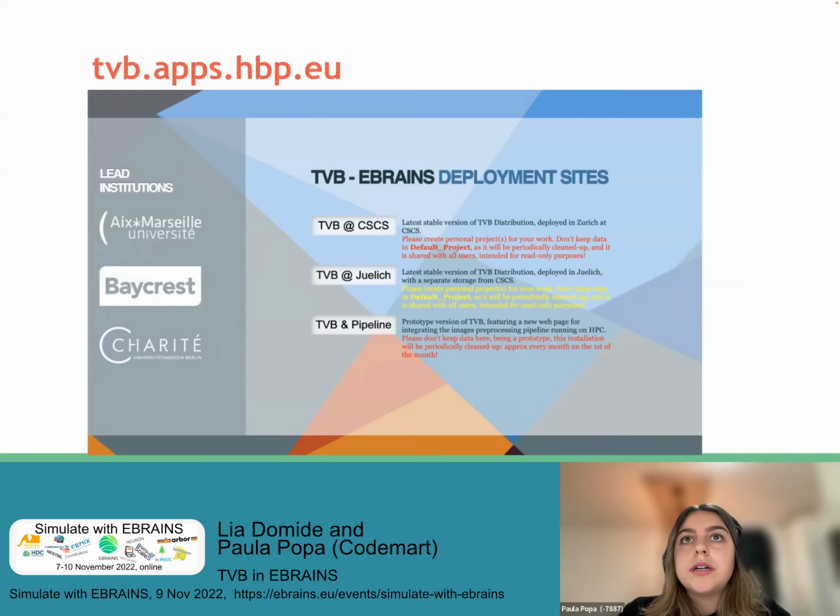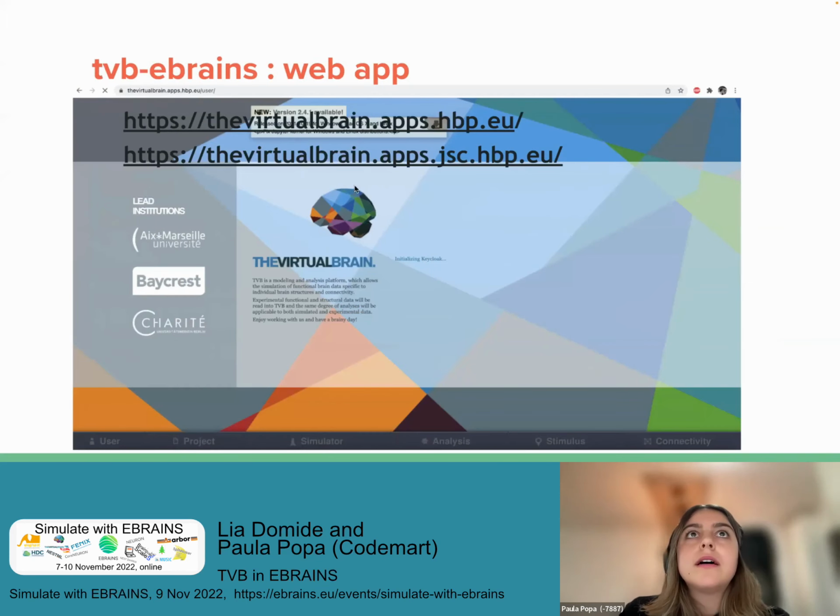If you choose the first option, you can click this and it will take you to one of the following links, either virtualbrain.apps.hbp.eu, which is the installation on CSCS, or the second one, which is the installation at Jülich. So once you choose one of the installations, you will be redirected to this page where TVB requests your eBrains credentials in order to grant you access to the application.